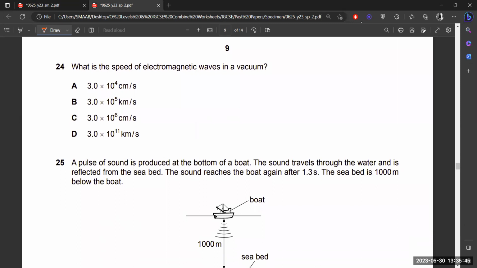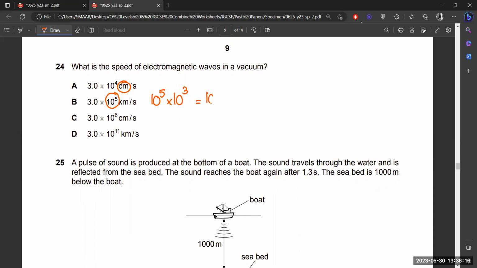Okay, what is the speed of electromagnetic waves in a vacuum? We know that the speed of electromagnetic waves in vacuum is equal to the speed of light. According to the options, 3 into 10 to the power 4 centimeters: there is a change in unit to centimeter, that is not possible. 3.5 into 10 to the power 5 kilometers: that is possible because 10 to the power 5 is already mentioned, and the value of kilo is 10 to the power 3.